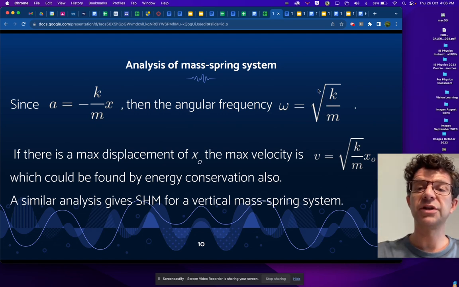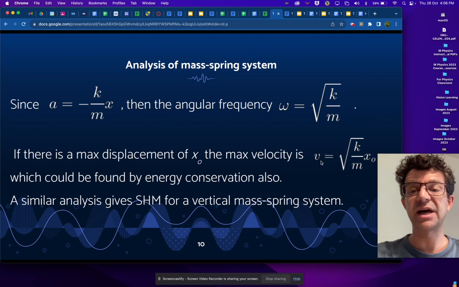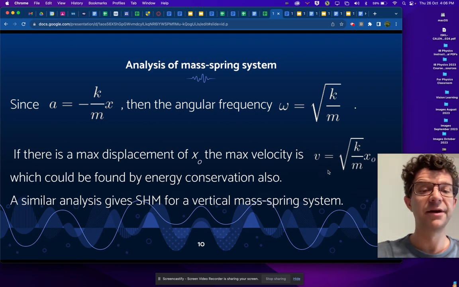So the angular frequency is proportional to the square root of k. The angular frequency is inversely proportional to the square root of the mass. And if we know what the max displacement is, we can find the maximum velocity just from the relationship we had before. It's fun to do.